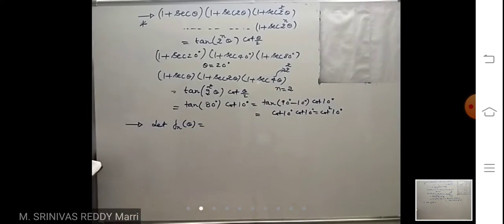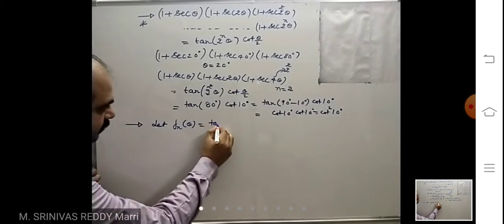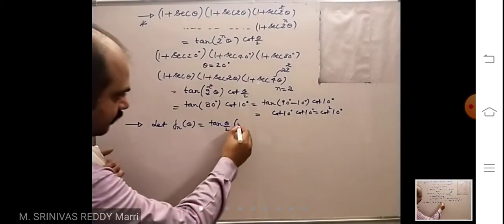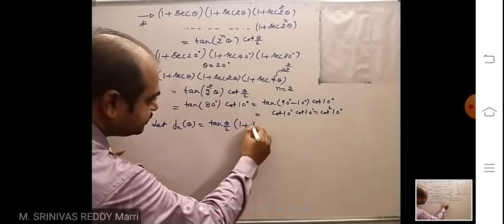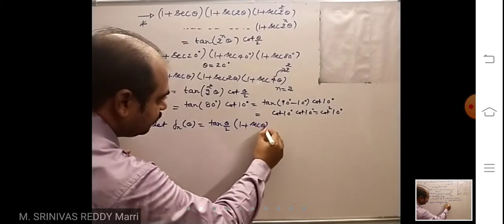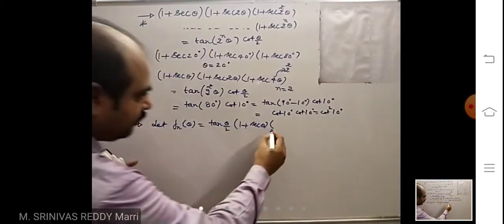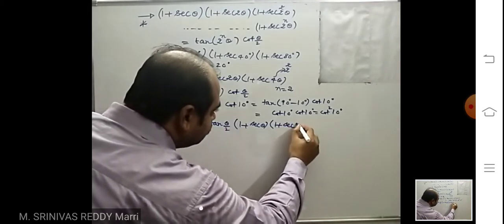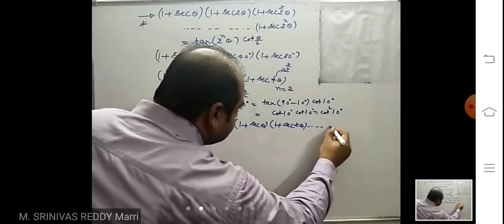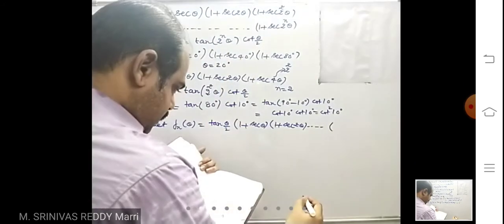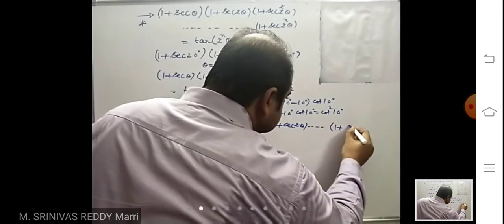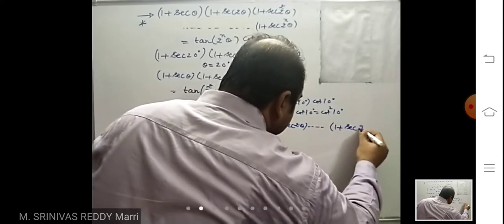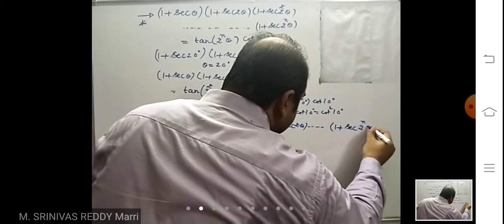Let Fn of theta equals tan theta by 2 into 1 plus secant theta into 1 plus secant 2 theta and so on, 1 plus secant 2 power n theta.